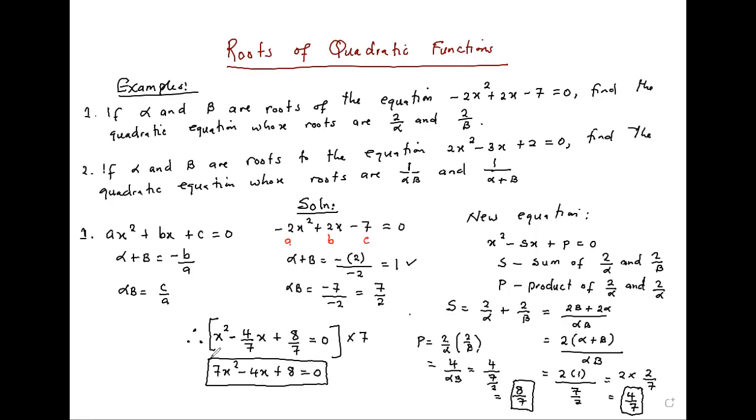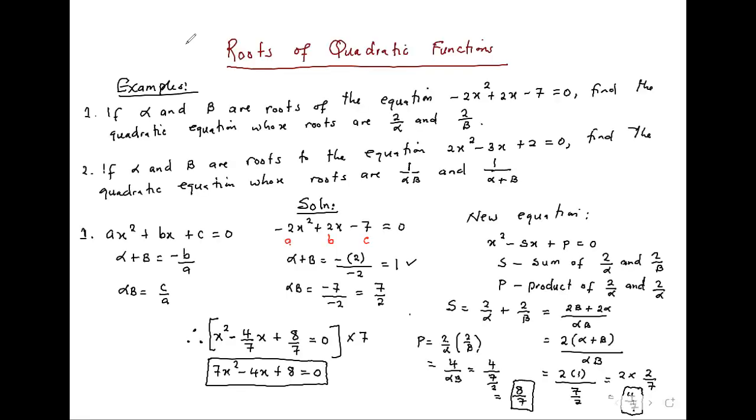So this will be the case. So we are sensing what is going to happen when you go to question 2. First, we'll find alpha plus beta and alpha beta. Then we'll start looking for S and P of the new equation. So let's go there.